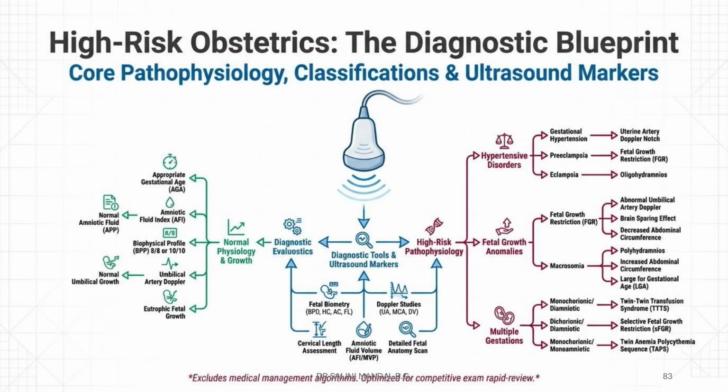But if at all there is some kind of hypertensive disorder, okay, so what is going to occur? The gold standard is basically the uterine artery Doppler notch, fetal growth restriction, as well as oligohydramnios should be present. Whereas in case of fetal growth restriction, abnormal umbilical artery Doppler, brain sparing effect, and decreased abdominal circumference will be there.